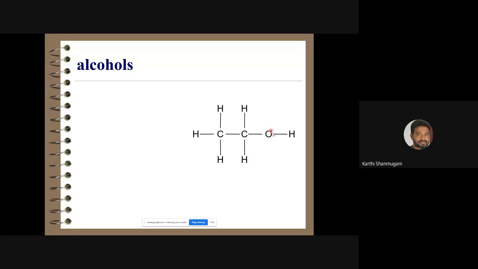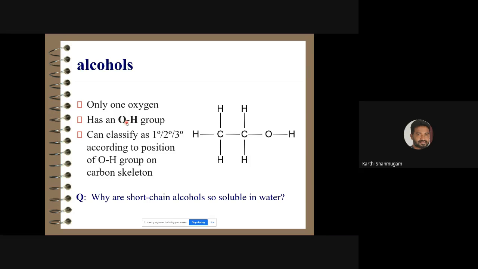So if your drug molecule has the presence of an OH group, then that should be called alcohol. So this OH functional group should be called the alcohol functional group. Again, we can classify this alcohol functional group into primary alcohol, secondary alcohol, and tertiary alcohol.